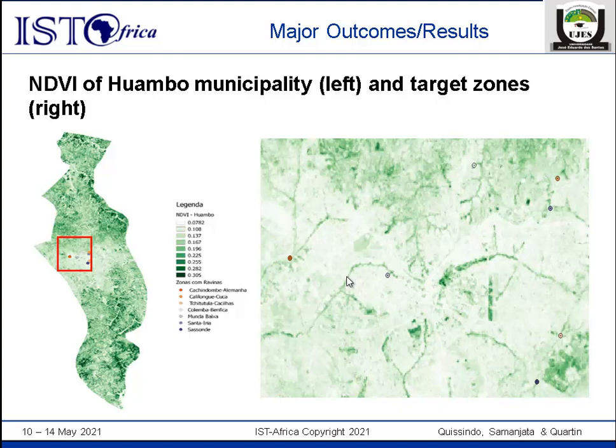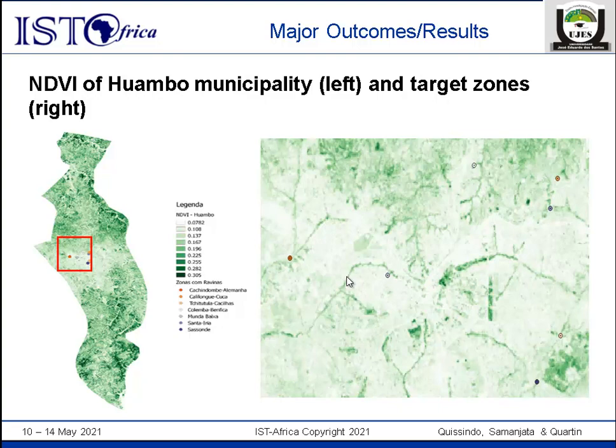with ravine occurrence, because we see that all areas without vegetation are the most affected by ravines.